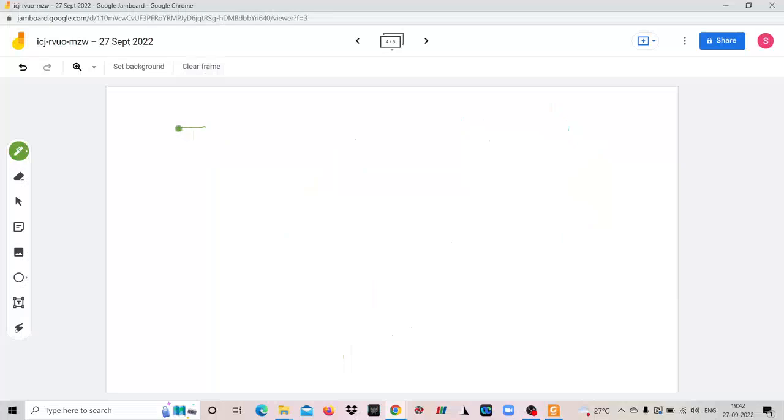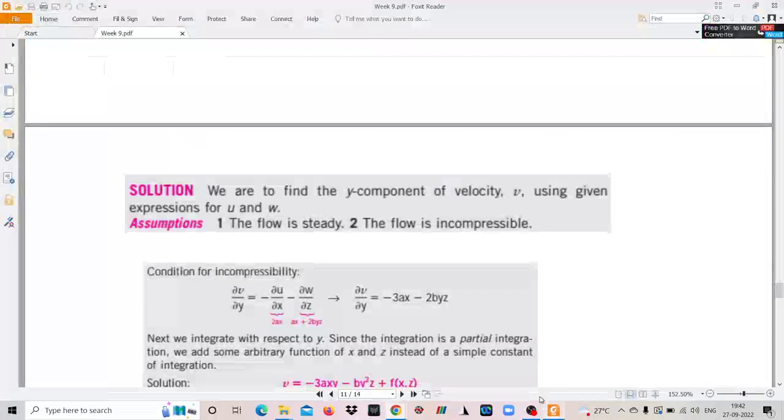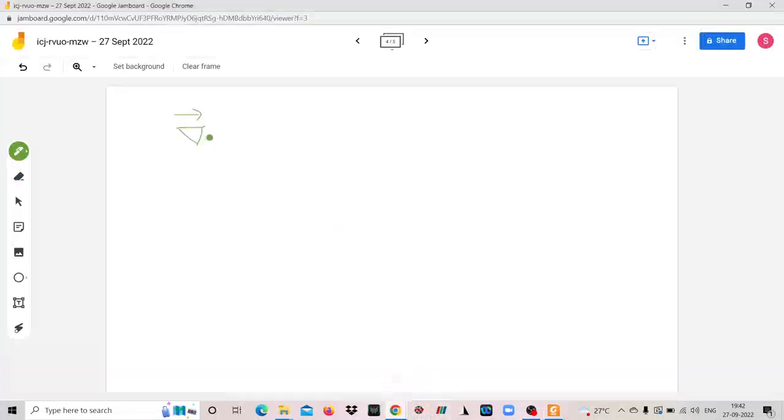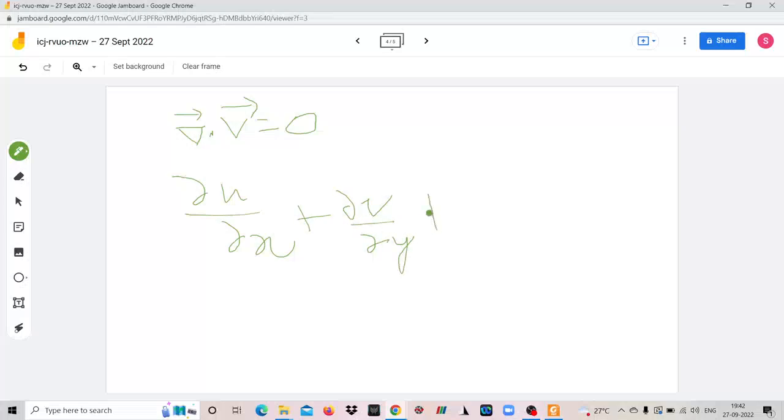For steady incompressible flow, it is del dot v equal to 0, that is, the divergence of the velocity field is equal to 0, or in Cartesian form, del u by del x plus del v by del y plus del w by del z is equal to 0.